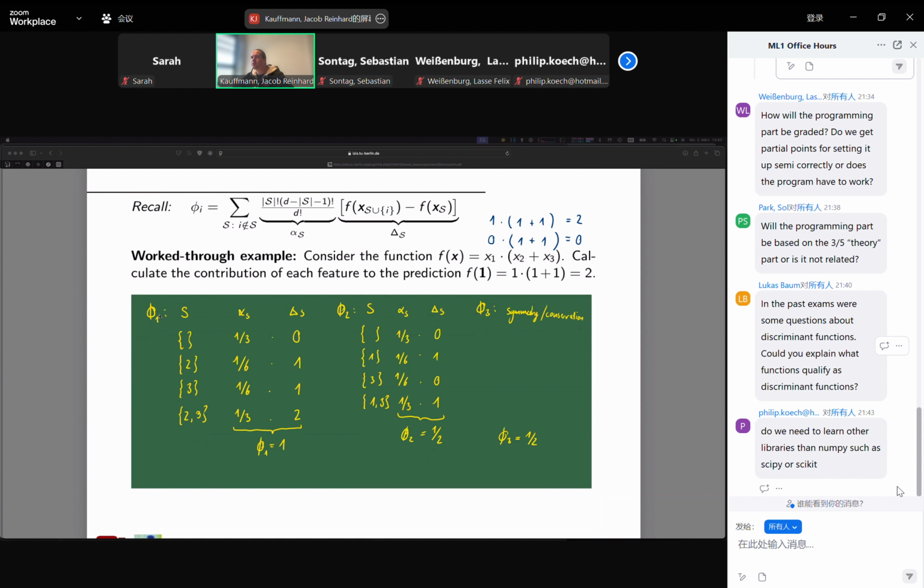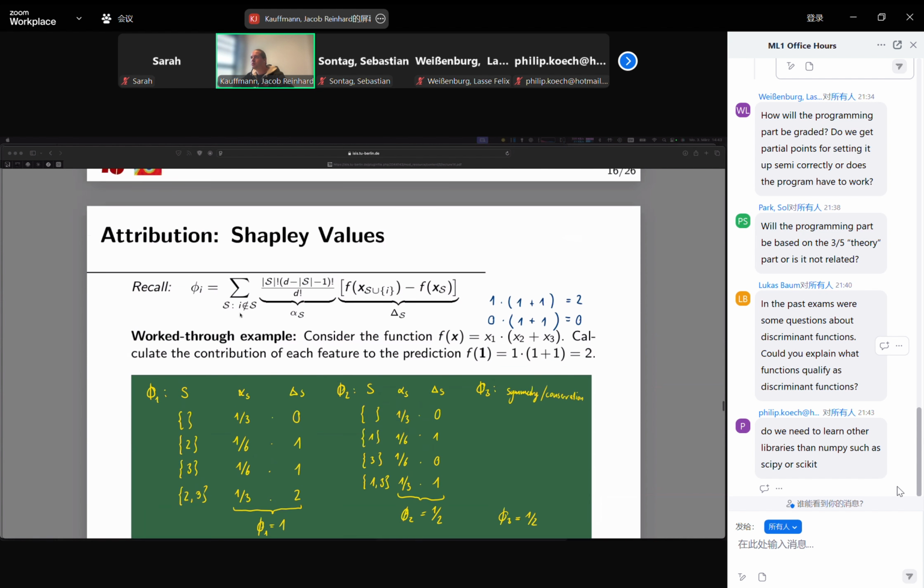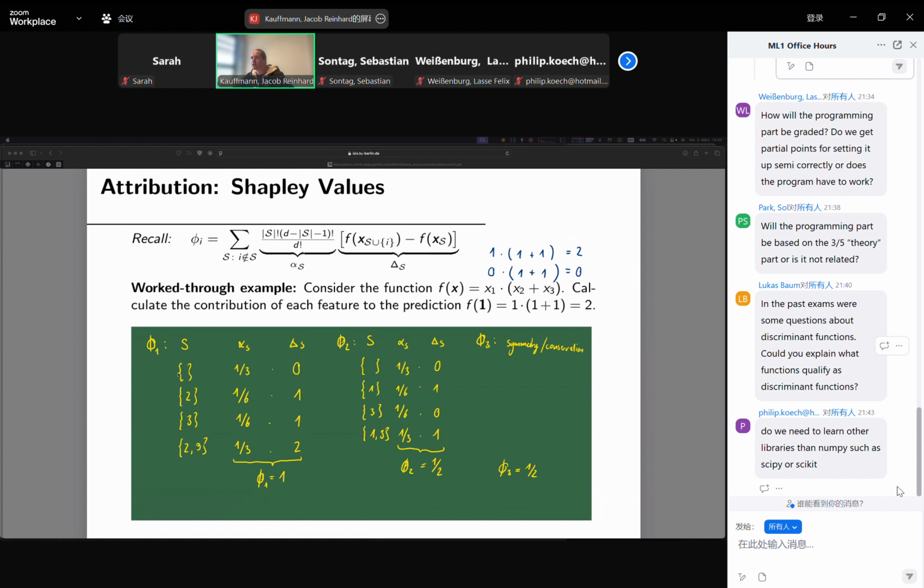We build all the sets that do not include the variable 1, x1. Which is the empty set. It doesn't contain the variable 1, right? The set consists of only variable 2, only variable 3, and so on. So all possible subsets that don't contain variable i.